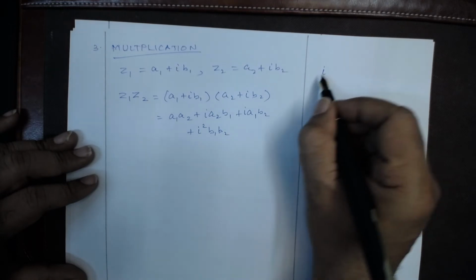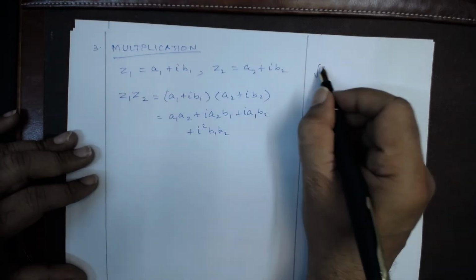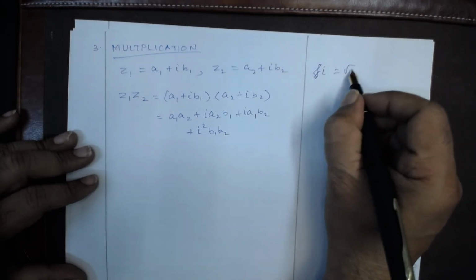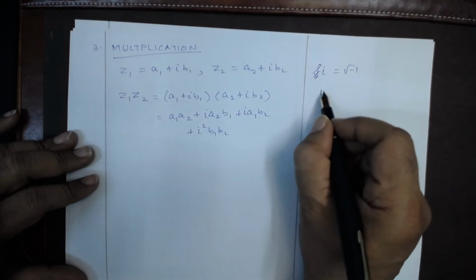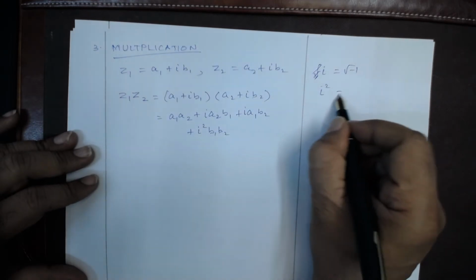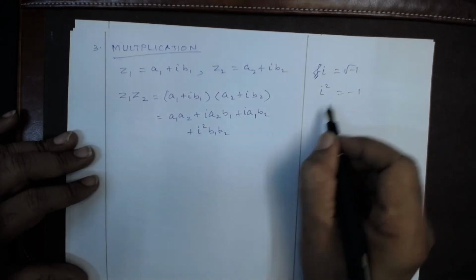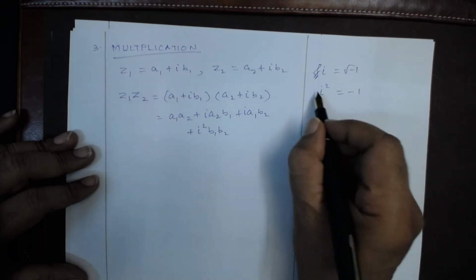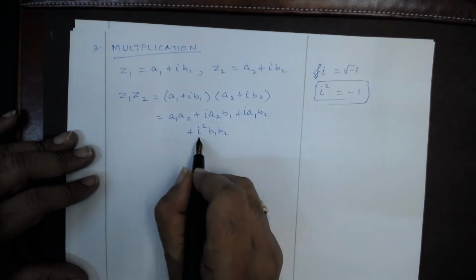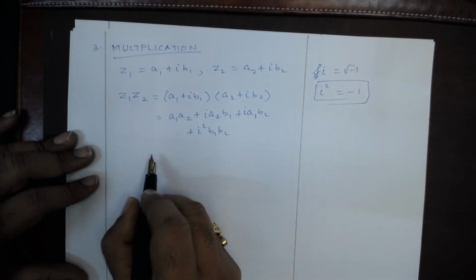You know, i is equal to square root of minus 1. i squared means squaring on both sides, it becomes minus 1, is it not? So here i squared is nothing but minus 1. So you can replace this i squared by minus 1.